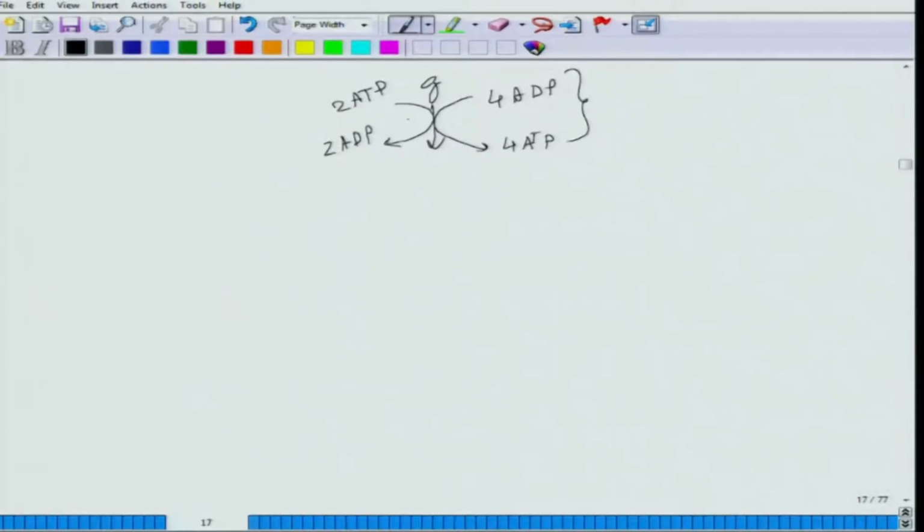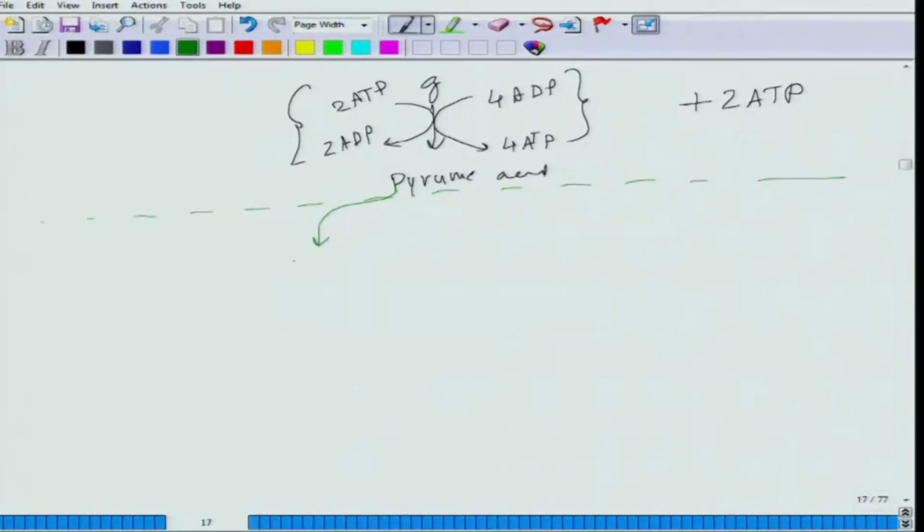So, this is the first set of reactions which leads to plus 2 ATP formation from glucose, 6 carbon, to pyruvic acid. Now, pyruvic acid is entering inside the mitochondria. Okay. Inside the mitochondria, pyruvic acid goes through to form acetyl CoA, and acetyl CoA enters inside the TCA cycle.